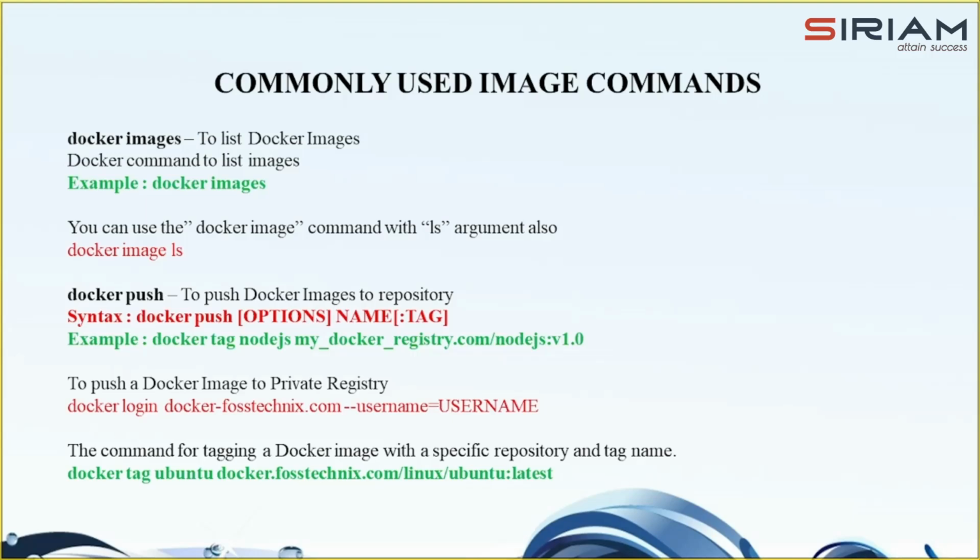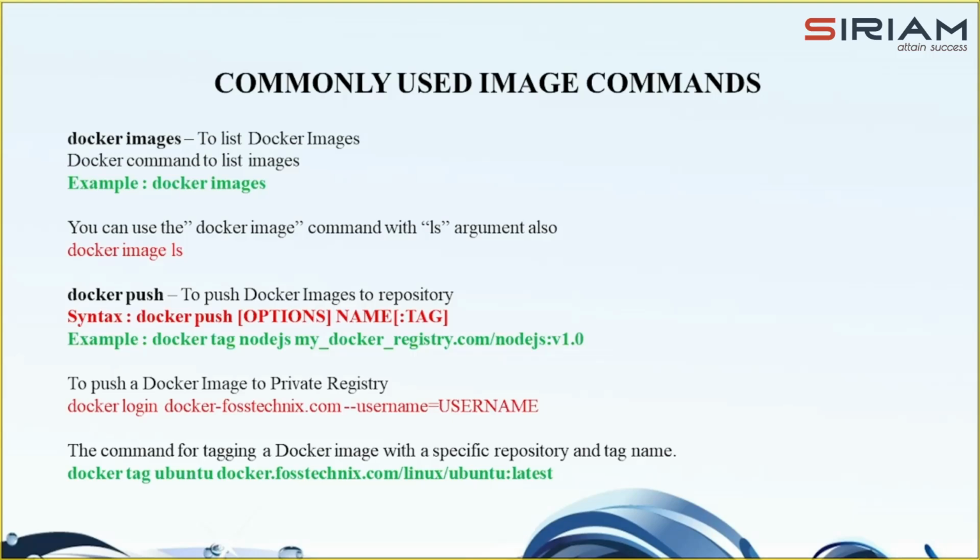Each image is listed along with its repository, tag, image ID, creation date, and size. So this command is helpful for managing and monitoring Docker images stored locally, including identifying outdated or unused images that can be removed to free up disk space.